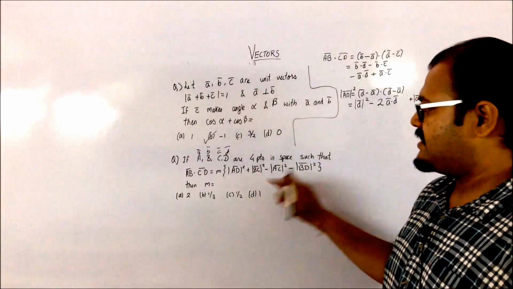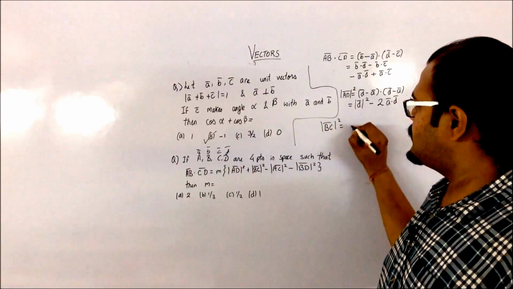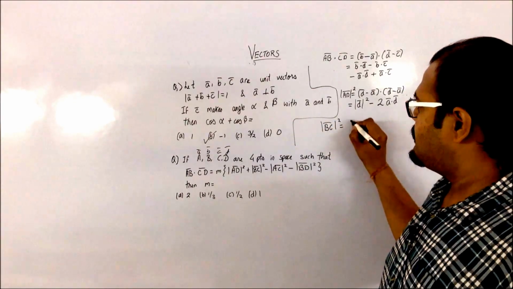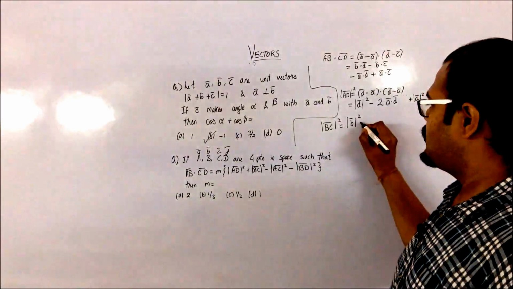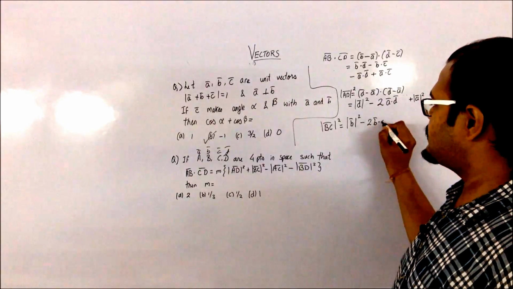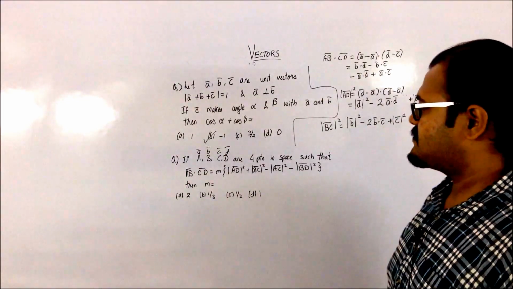So when you are expanding my BC bar magnitude square, it's going to be nothing but your B bar's magnitude square minus 2 B bar C bar plus C bar's magnitude square.